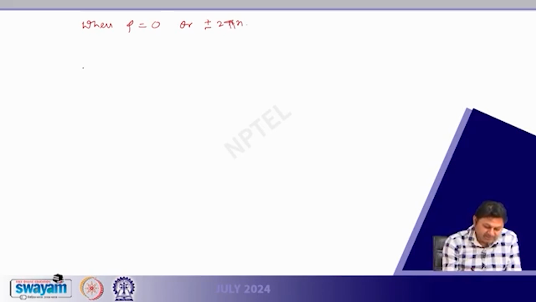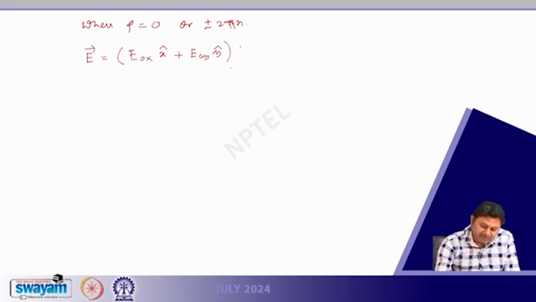So, I can write my electric field in this way: E is equal to E0x x unit vector plus E0y y unit vector, and since the phase is 0 or 2 pi n, I can write it with a common term, cos of kz minus omega t.